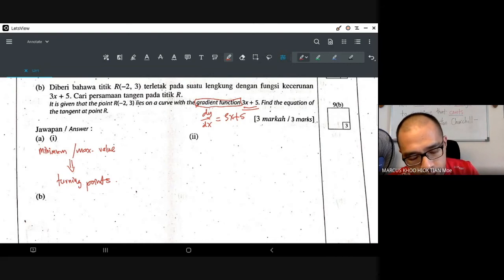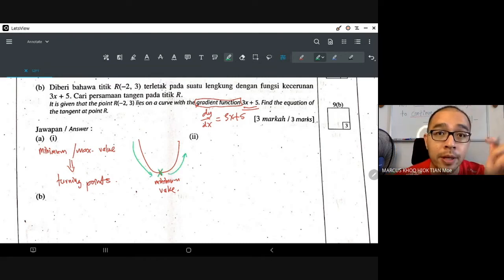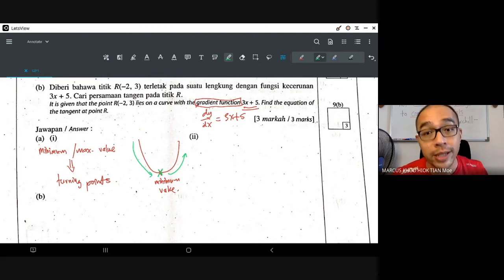Because if let's say a graph is like this, this is the minimum value, and it is a turning point because all this while the graph goes down like this, after passing this point it goes up, it changes direction. In Malay, turning point is called titik pusingan, because that is the point where the graph turns and changes direction.